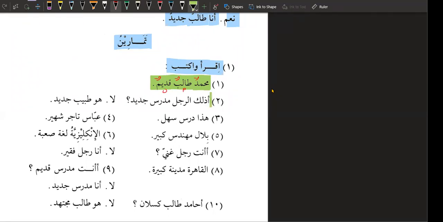نعم. Ismail. أذلك الرجل مدرس جديد؟ لا، هو طبيب جديد. جيد. معنى الجملة.